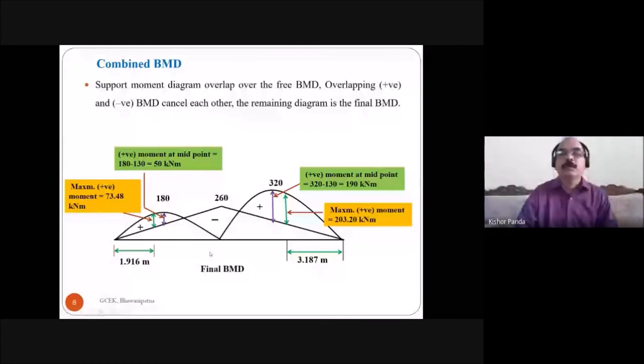Then in span BC, at a distance 3.187 meter, we get the maximum positive moment 203.20 kilonewton meter. At the midpoint it is 190, but the maximum positive moment you get is 203.20 kilonewton meter. Now this is the complete final bending moment diagram of the continuous beam.